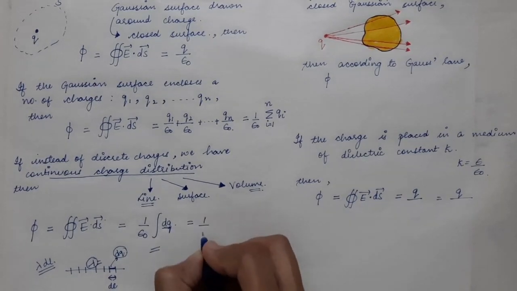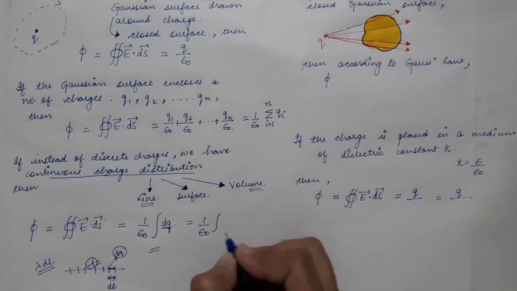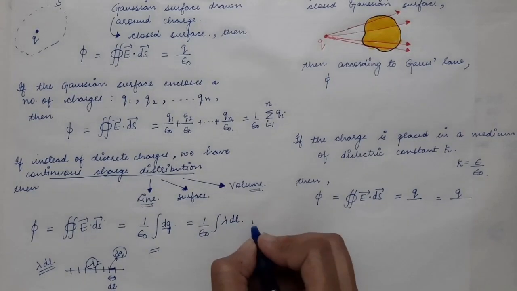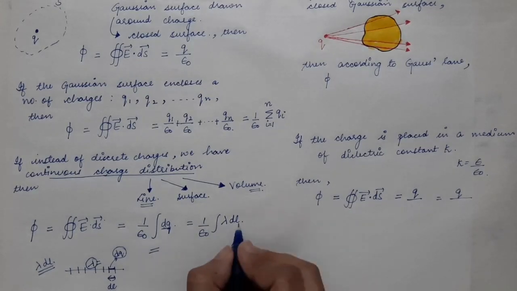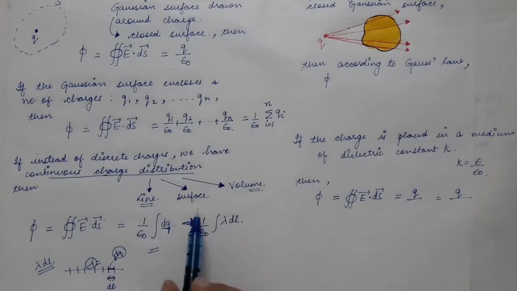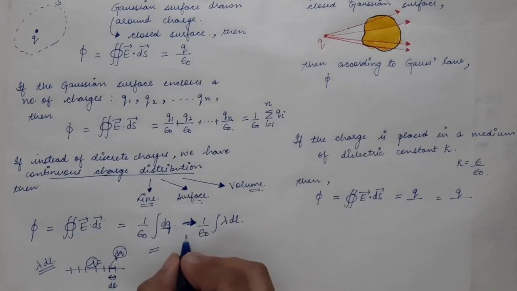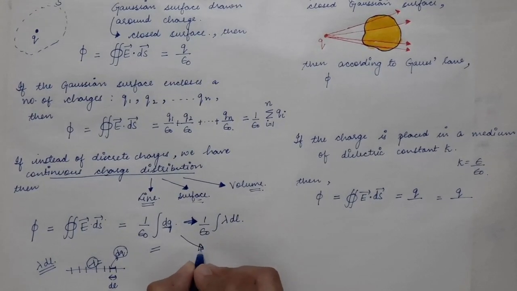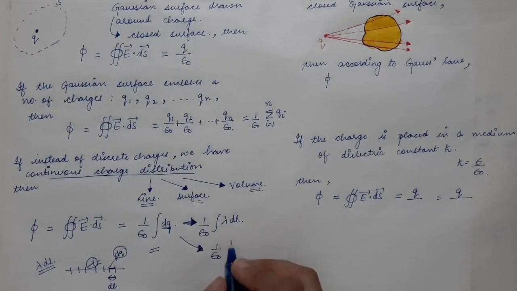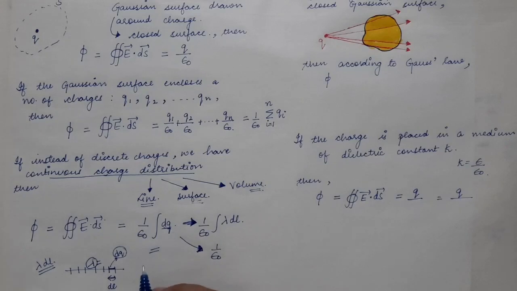So this integral can be changed to 1 by epsilon naught integration of lambda into dl for the case of line charge distribution. So this formula is for the case of line charge distribution. Now what if we have a surface charge distribution? For that this formula will get modified, and you will have 1 by epsilon naught into integration over the charge.